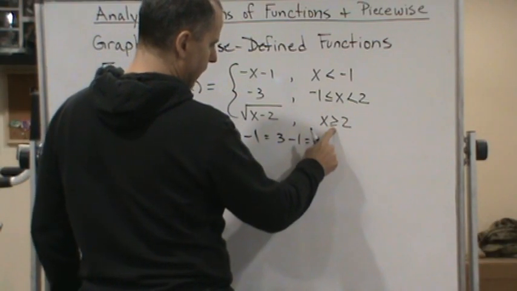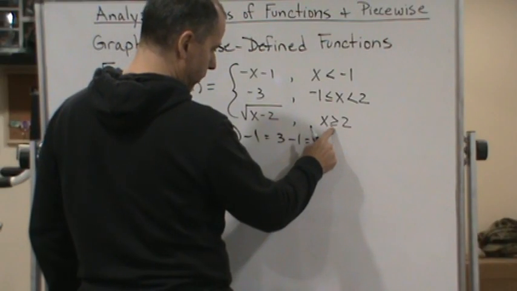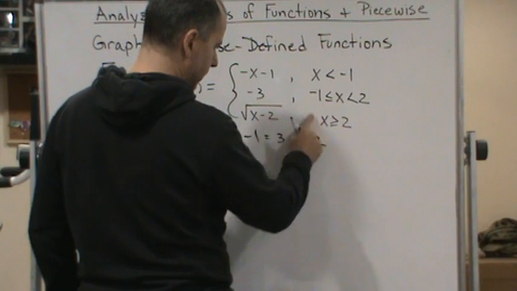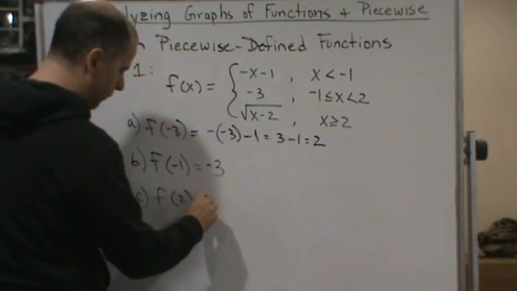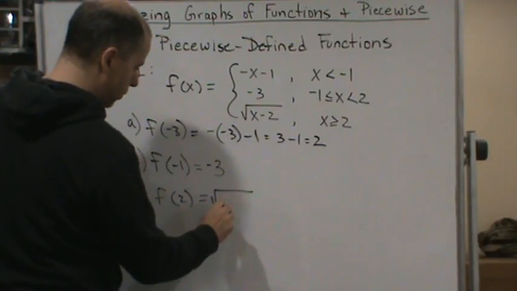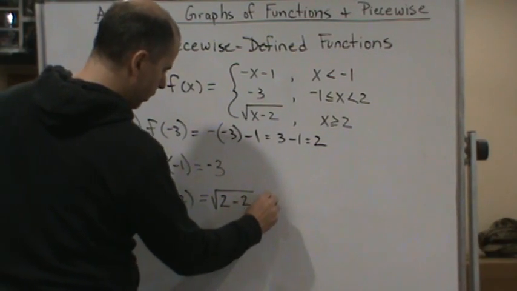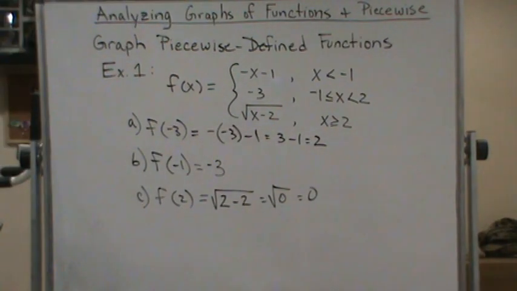But here we've got the equal sign, so x is greater than or equal to 2. That means 2 falls in this interval, so we're going to use this rule. f of 2 is equal to the square root of 2 minus 2, which is the square root of 0, which equals 0. So f of 2 is equal to 0.